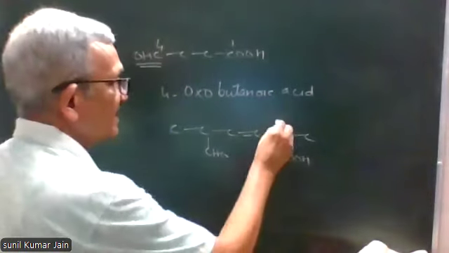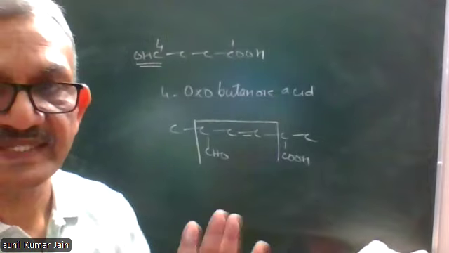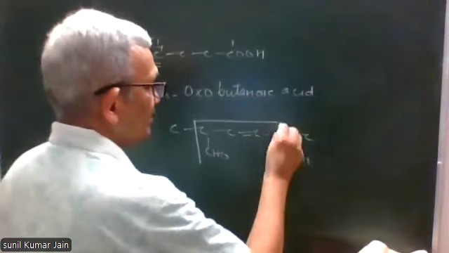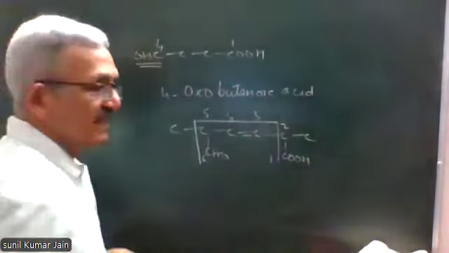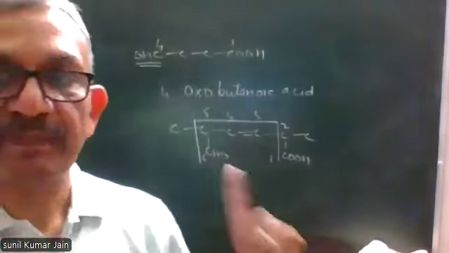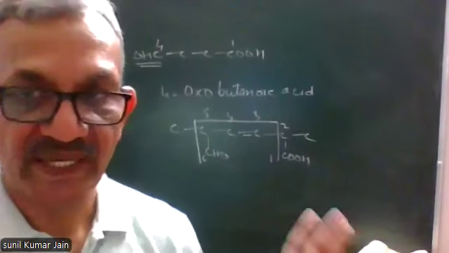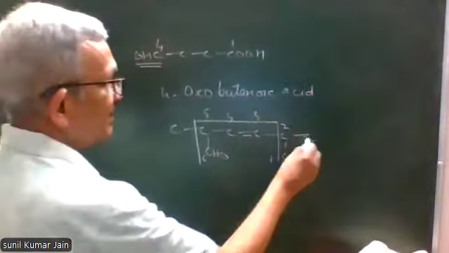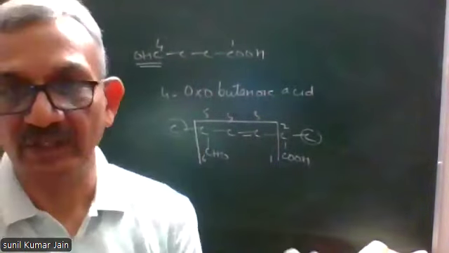I'll take one more example. Now in this case, this is the longest chain. It means CHO is a part of the longest chain. This is carbon number 1, 2, 3, 4, 5, 6. CHO, which is a part of the longest chain, will be named as oxo. At carbon position 6 is the oxo group. At carbon number 2 and carbon number 5, these are 2 methyl groups.